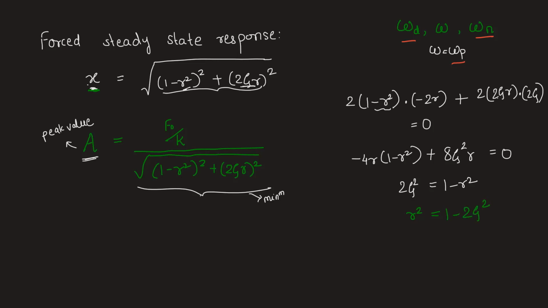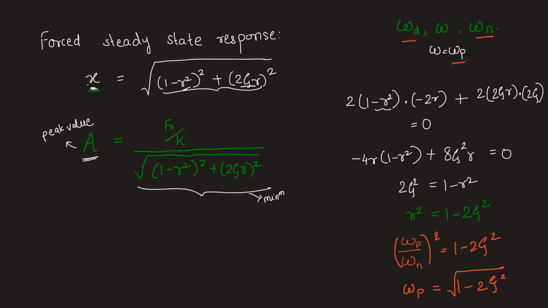Now we need to find out the relationship between omega values: omega d, omega p and omega n. We need to therefore bring in omega somewhere here, and we know that r is given to be omega by omega n. And for peak amplitude, where we have substituted omega as omega p, square of this term is equal to 1 minus 2 zeta square. From here we can write omega p will be equal to, taking under root, under root of 1 minus 2 zeta square into omega n.